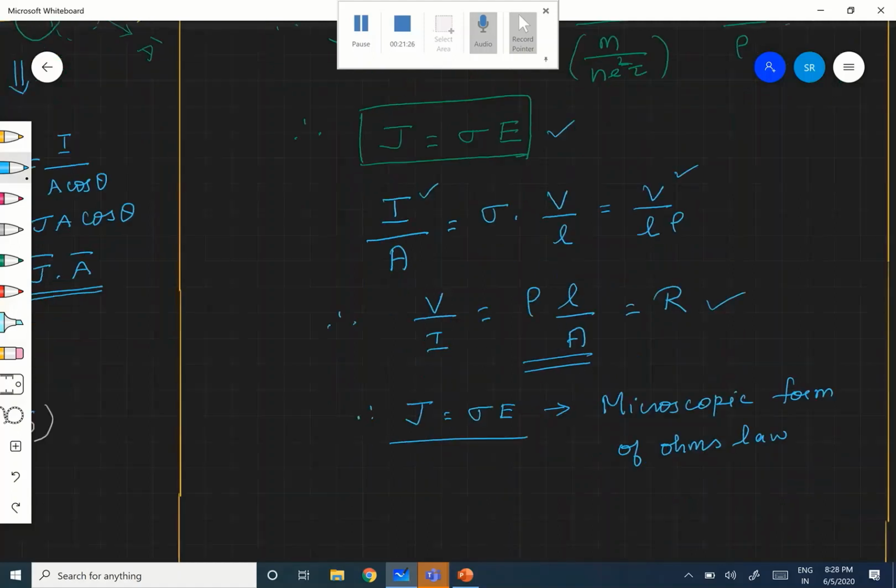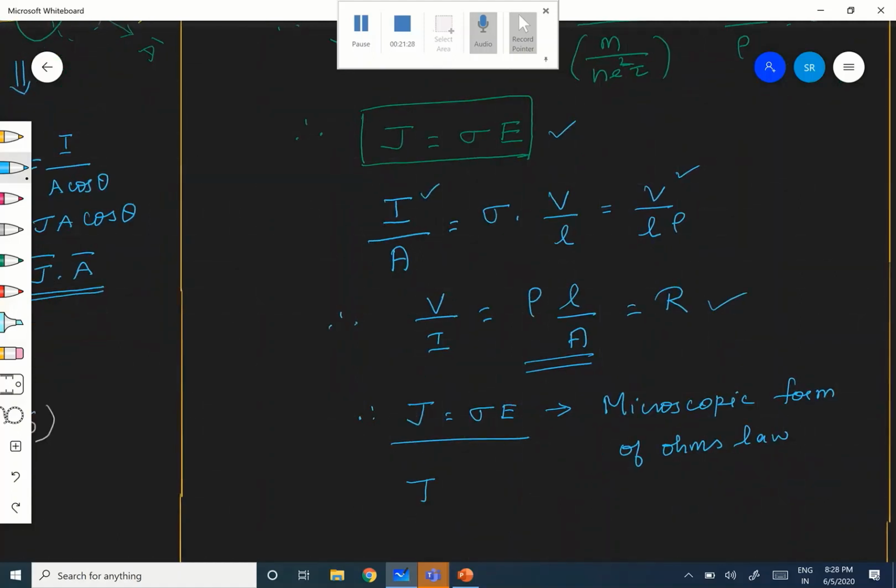If you want to represent it in vector notation, J is equal to sigma E. Therefore, you can say it is a vector form of Ohm's law. Hope you are following, right?